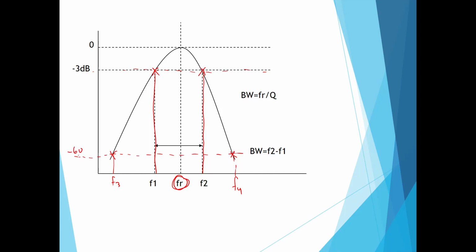Ideally we want the filter to capture this part, with a very sharp cut off like a square box. However, in the practical scenario, the filter does not have a very sharp edge like this. Instead, it's going to have a slope like this.